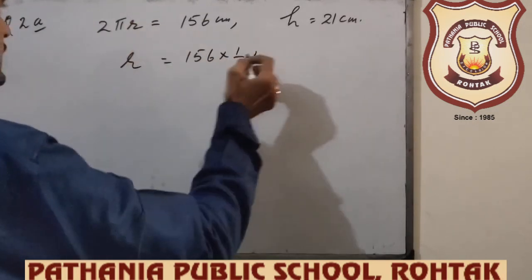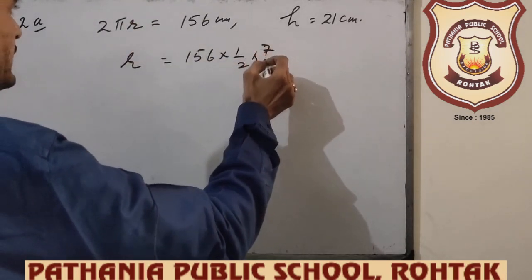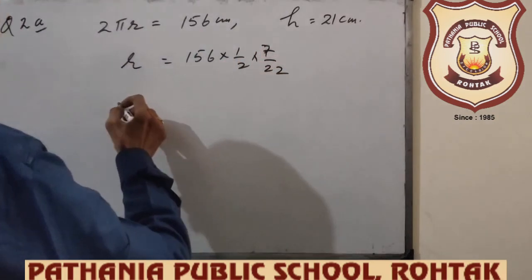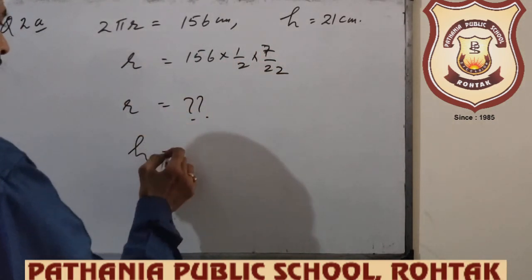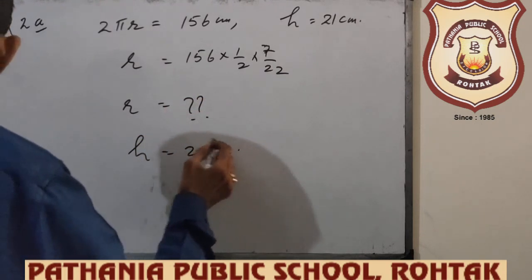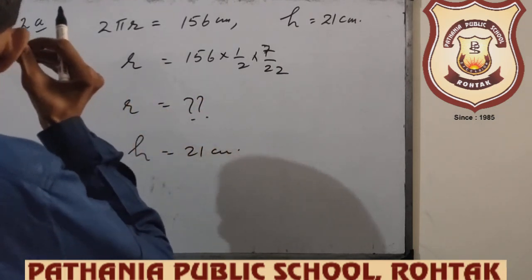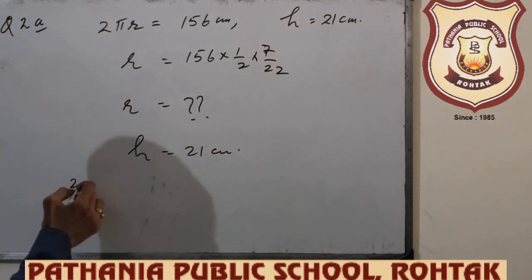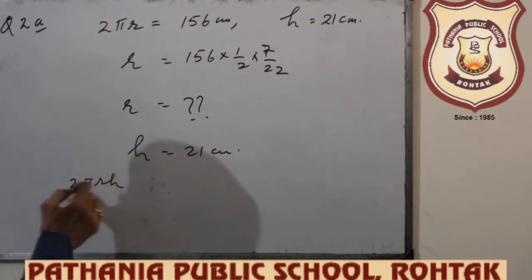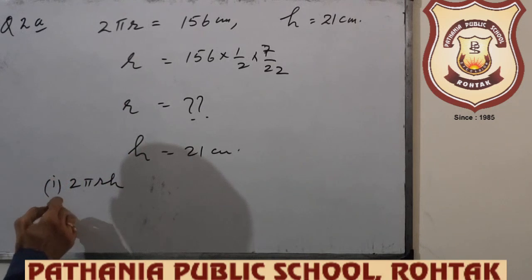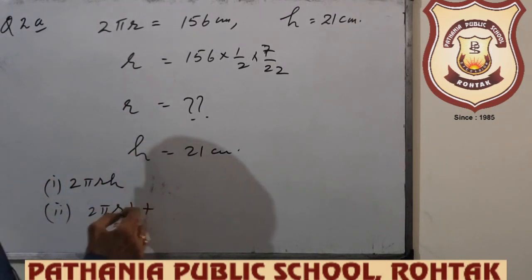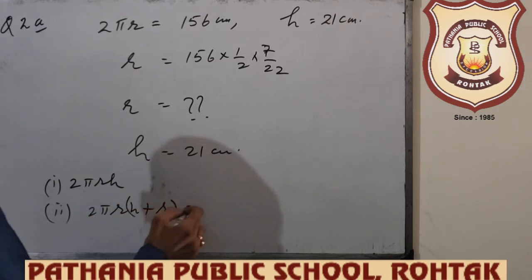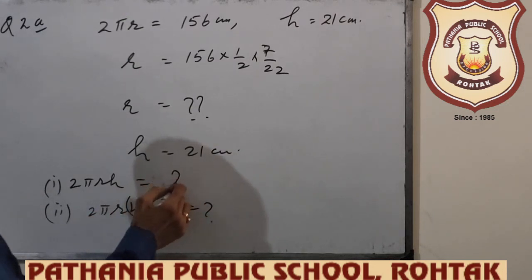Pi is what? 22/7. So it will be 7/22. Find the radius from here. Radius यहाँ से आ जाएगा. H is given. And now find lateral surface area and total surface area. Now solve for 2 pi RH and 2 pi RH plus 2 pi r square. That is total surface area. This one is required.